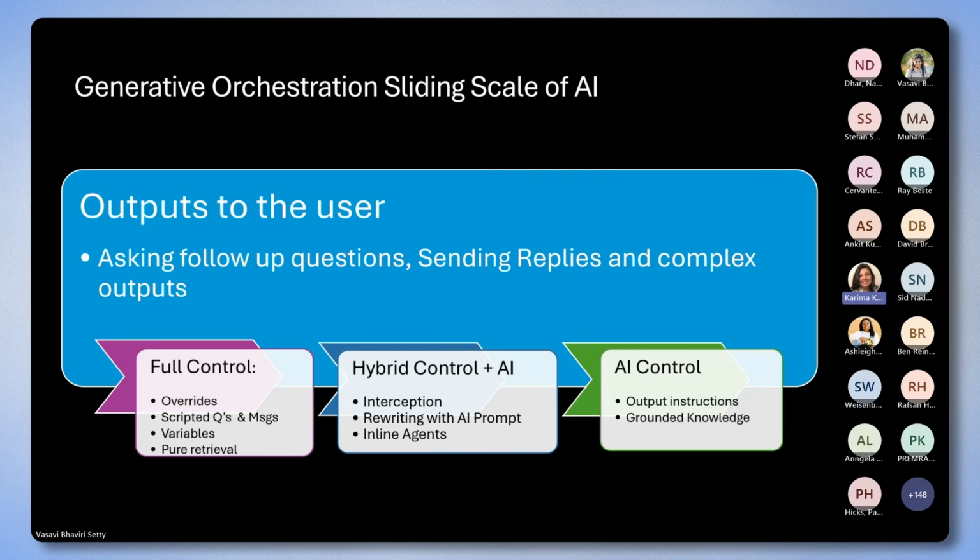So we do offer full control and overrides. Every single tool is allowed to override the question that it asks to collect its inputs. So if you say this input collects the quantity of the product, the system will ask, oh, how many of these do you want? Or it'll ask, what is the quantity? But if you want to exactly script that question to be asked the exact same way, you can say, please say the number of things you want.